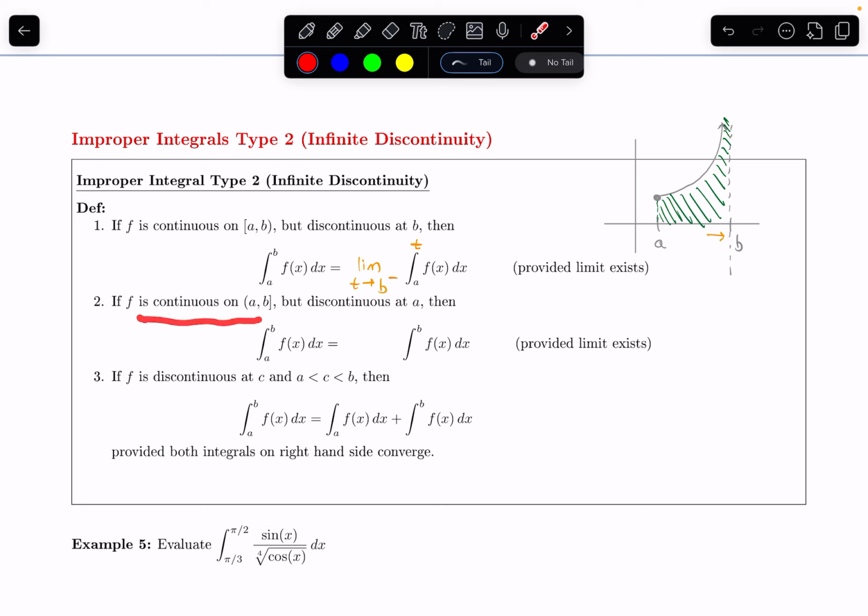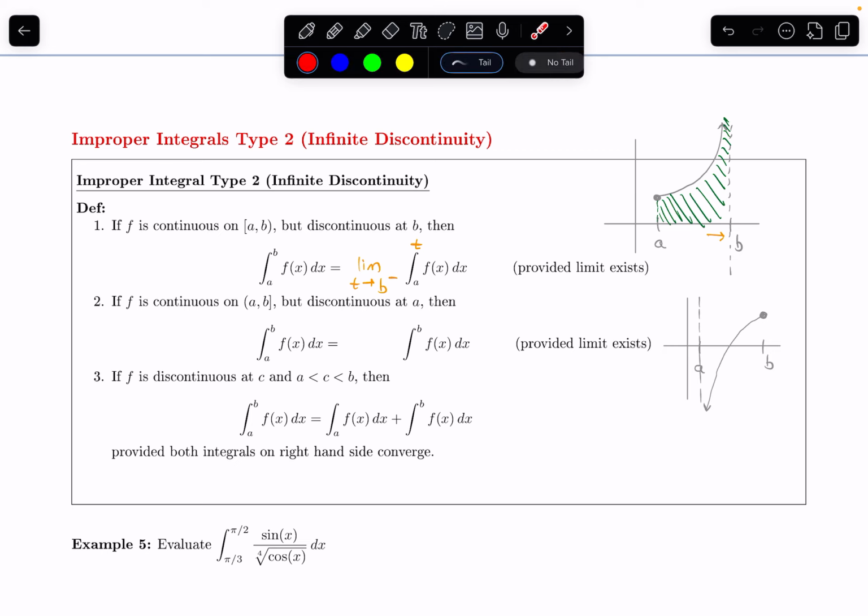I can give a similar definition if my function is continuous everywhere except at the left endpoint a. Let's draw a picture of this. I'll draw some axes, and then I'll have my interval from a to b. Now I'm going to put a vertical asymptote at that left endpoint at a. Maybe there's a point at b, and then the graph goes down to the vertical asymptote.